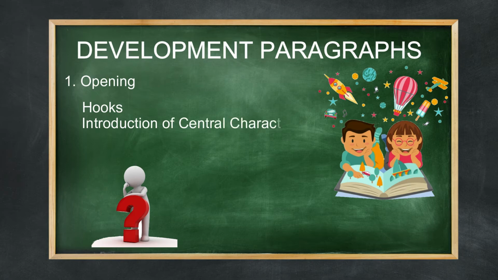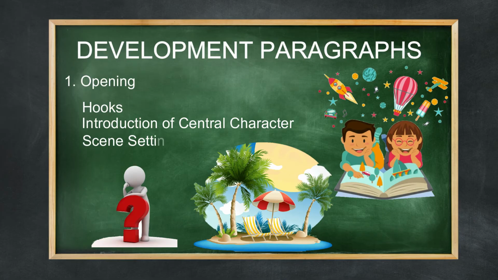Tell if the central character is introduced early on in the story. Scene setting. Tell if you can picture the scene early enough in the story. Problem description. Tell if you can identify what problem confronts the central character soon enough, or if you were left wondering what the story is all about.